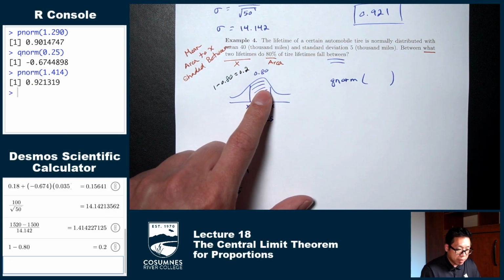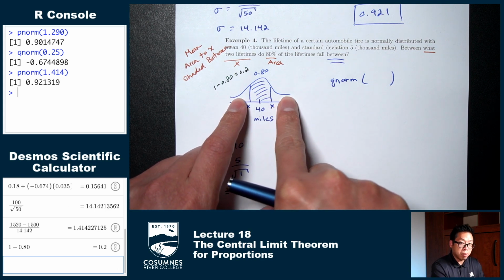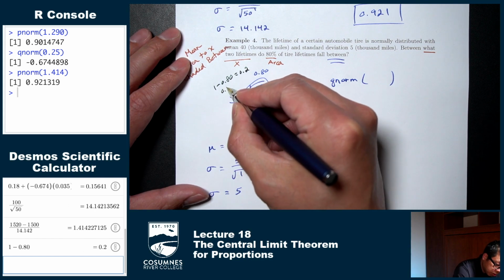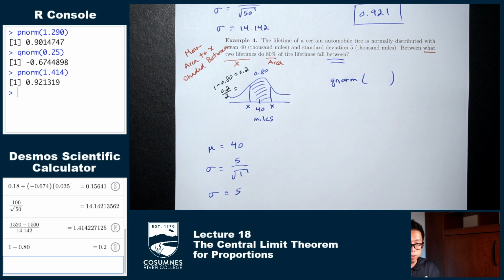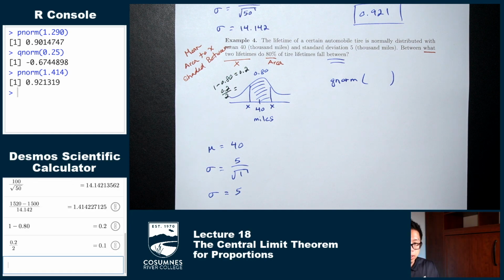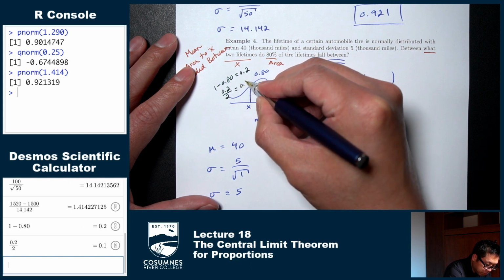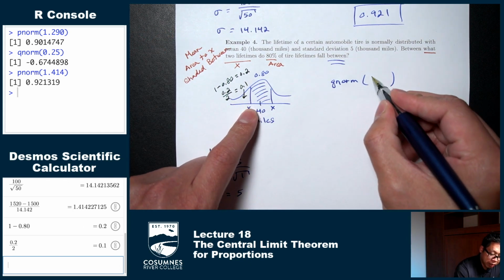When you do 1 minus, that will give you the unshaded part, which is the left and right together. Because I only want the left, divide by 2. So 0.2 divided by 2 is 0.1. Okay, 0.1 is the left white part, which is what I want to plug into R.